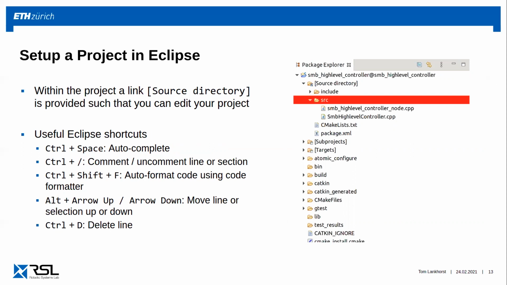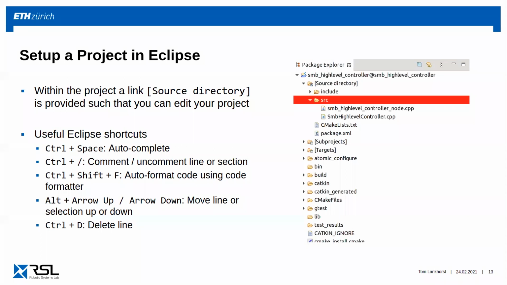You will find the source code of your project in the source directory in square brackets. There you will find the typical include directory and the source directory, which contain your C++ code. It's useful to learn the Eclipse shortcuts to quickly navigate and edit your code.